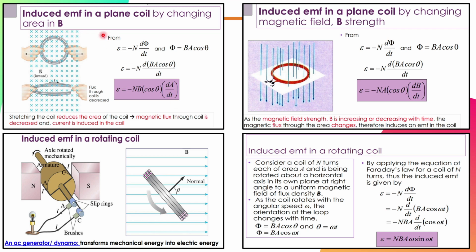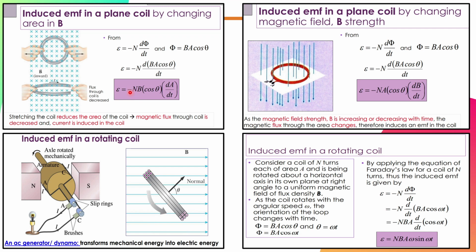Okay, so the first one, the induced EMF in a plane coil by changing area. Okay, so this is the equation from the Faraday's law, where flux is equal to BA cos theta. When you substitute in this equation, we can relate that induced EMF is equal to, so let's bring B and N and also cos theta to the front of the equation.